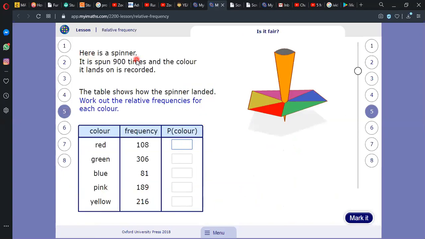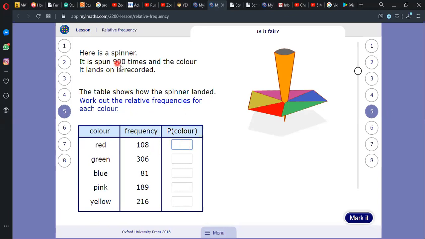Here is a spinner. It spun 900 times, and the color it lands on is recorded. The table shows how the spinner landed. Work out the relative frequencies for each color. Like I told you, relative frequency is also talking about probability, but the estimated one. So for red, the frequency is 108.